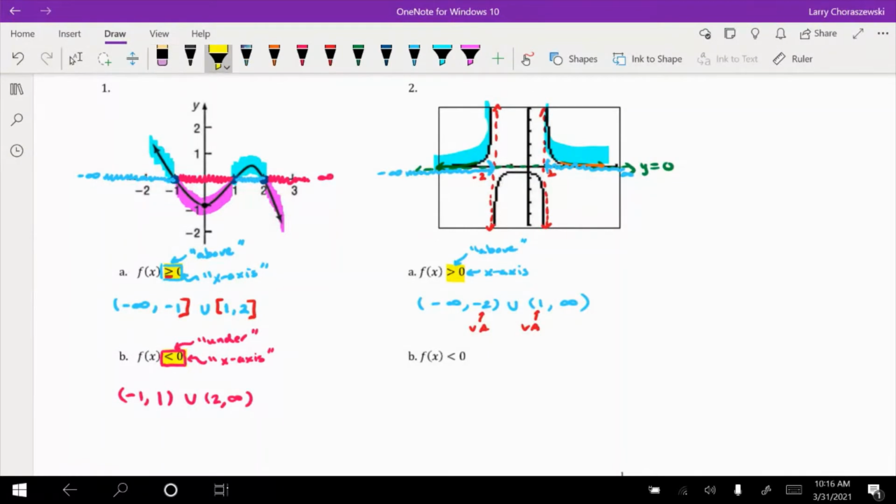So I'm going to give you folks a moment to solve part B, where we want to solve f of x is less than 0.